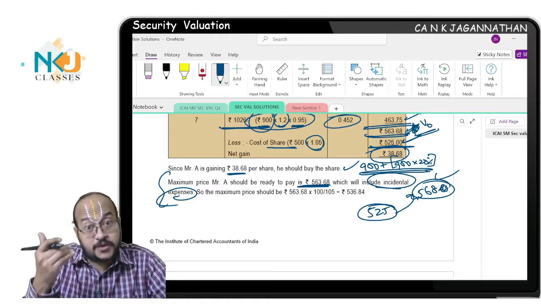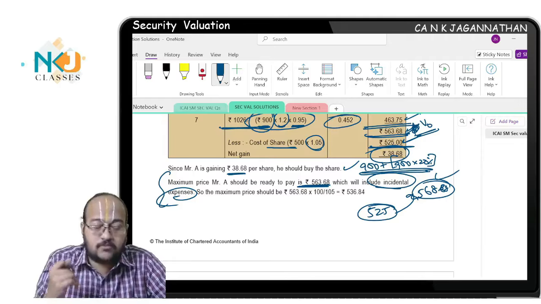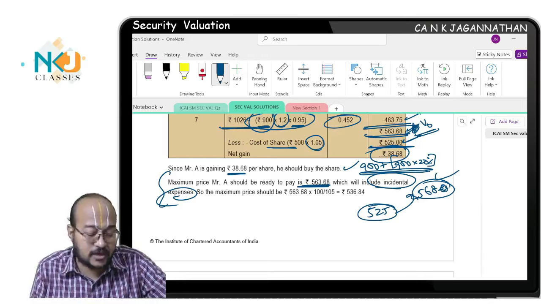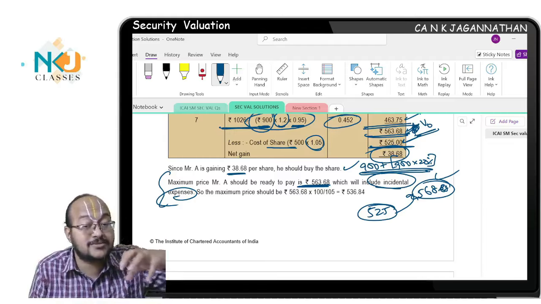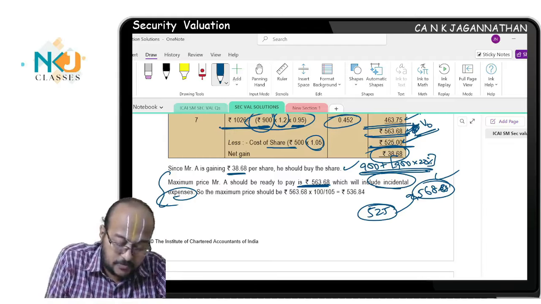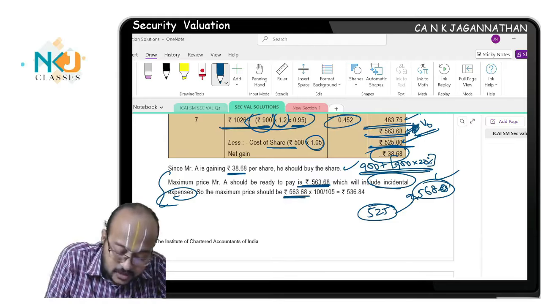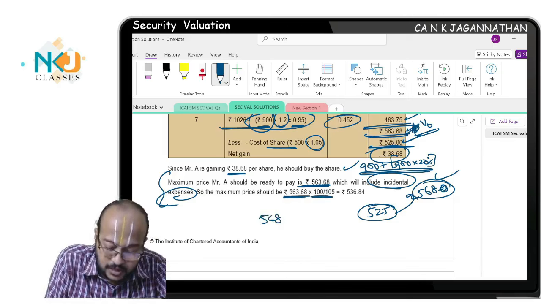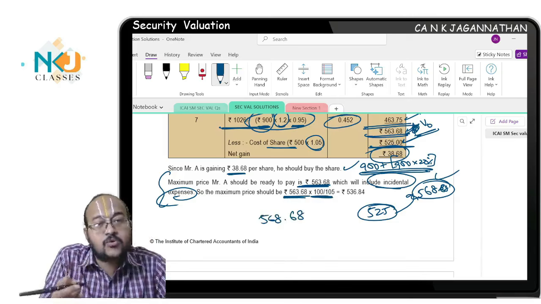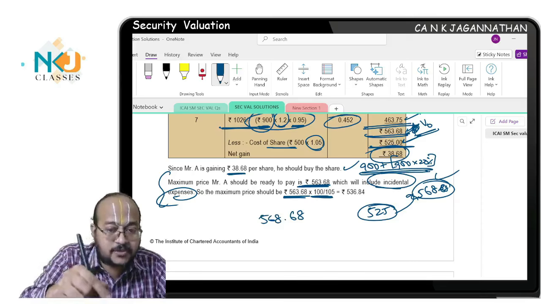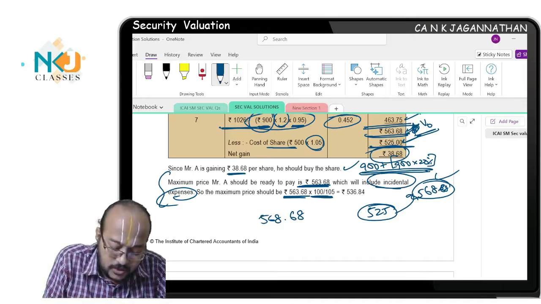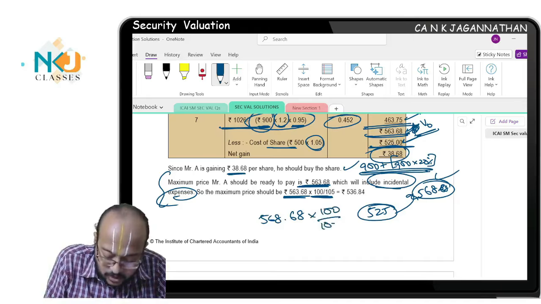If I reduce the expenses from it, I will get the quoted market price at which I should buy, without considering the expenses. The maximum price should be 563.68 into 100 by 105, since 563.68 is inclusive of 5% expenses.